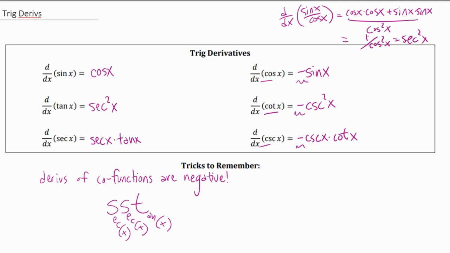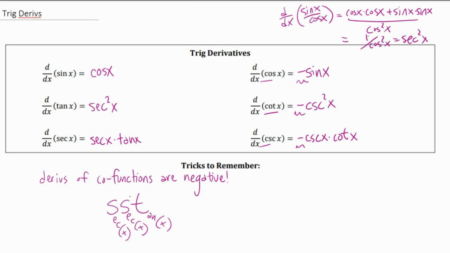It's kind of hard to do without being able to see my fingers, but I am going to do my best. Let's suppose we wanted to find the derivative of secant. The derivative of secant is secant tangent. Let's say I want to find the derivative of tangent. The derivative of tangent is secant secant, aka secant squared. So SST tells you that the derivative of secant is secant tangent. The derivative of tangent is secant secant, aka secant squared.